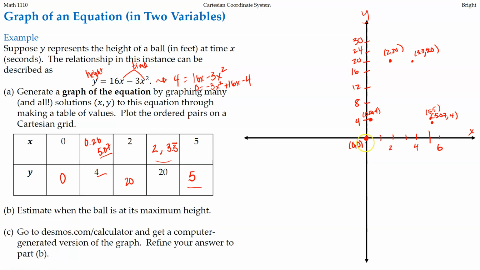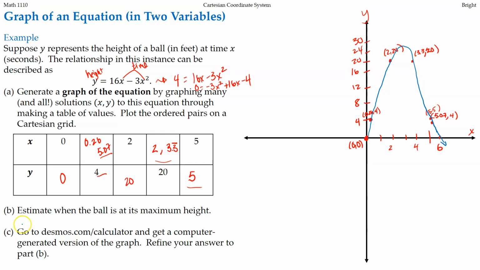Time can't go past 0, but what I'm seeing so far is that it's going to look something like this, and I'm going to connect the dots the best that I can, and it's going to continue on something like that. Right now it's not too precise. What I would actually do is find more values of x and see what values of y I get.